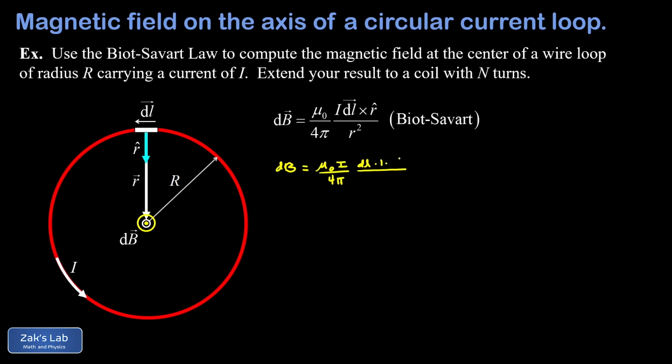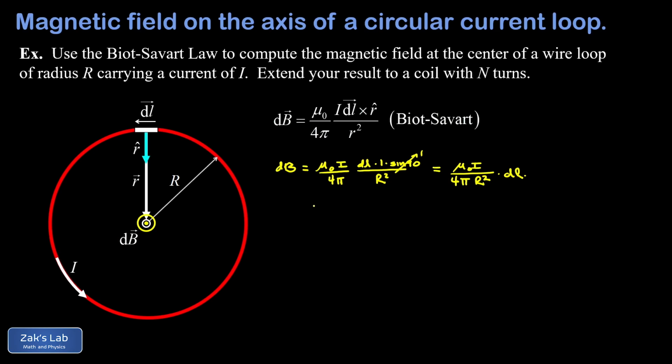And then I need to put in the sine of the angle between the two vectors. Well, dl is at right angles to r hat, so I end up with the sine of 90 degrees there, which then reduces to 1. Now in my denominator, the magnitude of my position vector squared, that's just big R squared, the square of the radius of the ring. So our dB cleans up really quickly here. I end up with just mu naught I over 4 pi R squared, and then a dl.